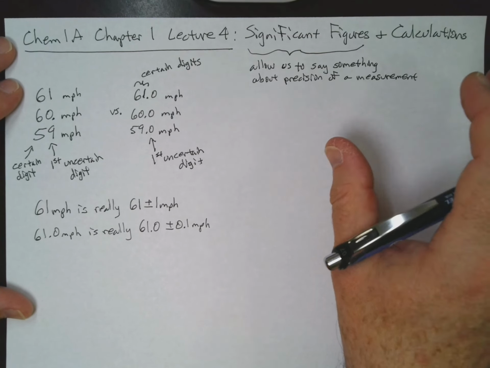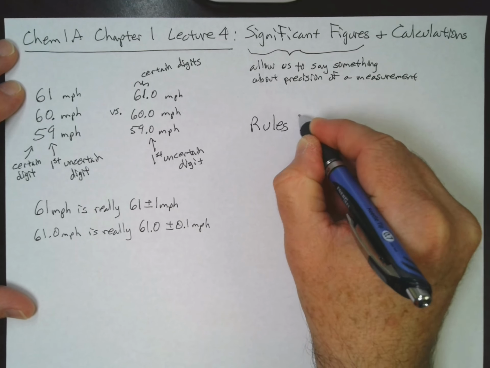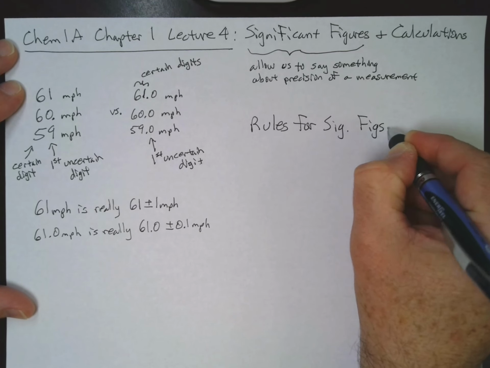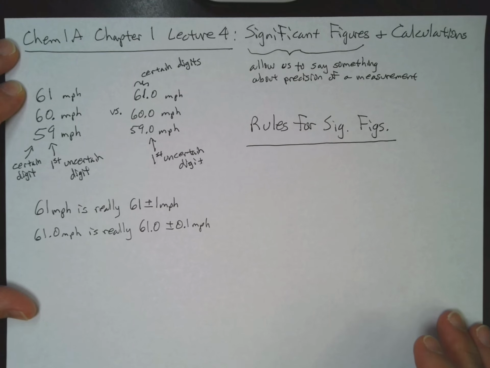All right, so what are our rules here? I'm going to abbreviate significant figures as sig figs.